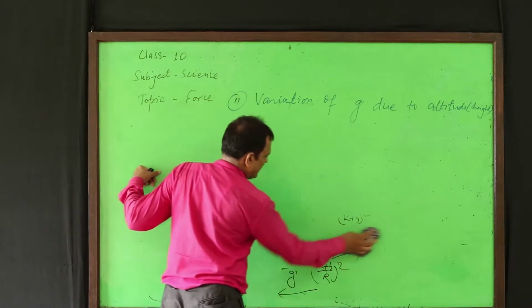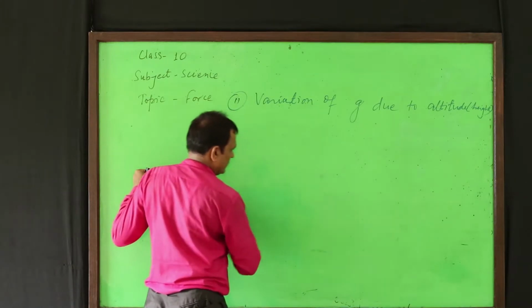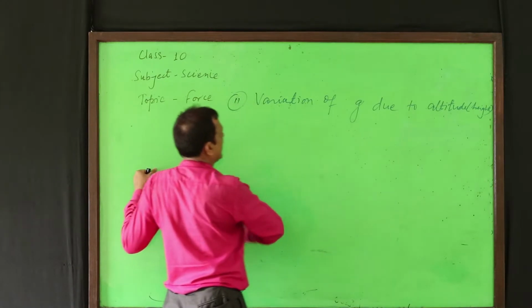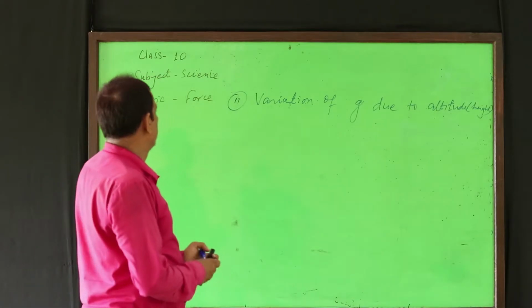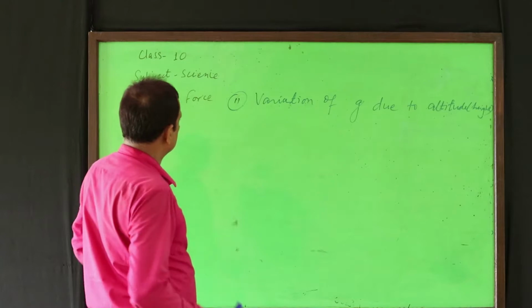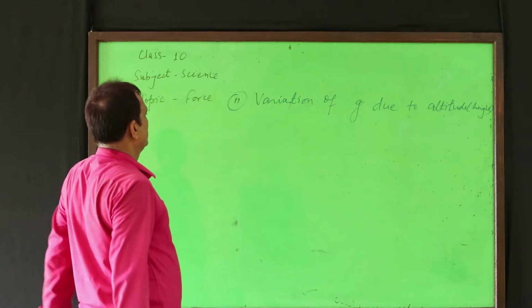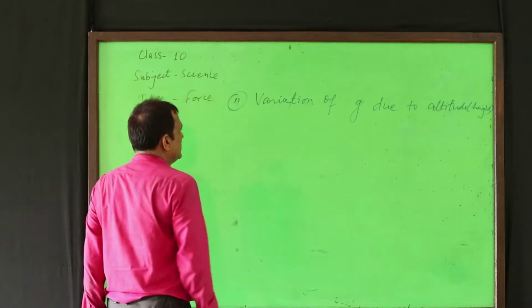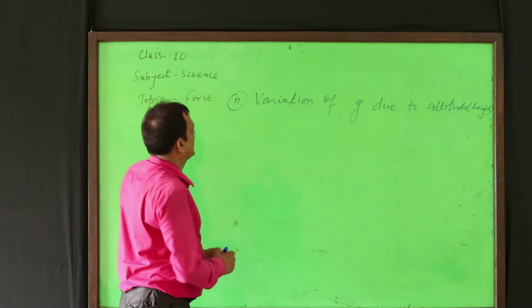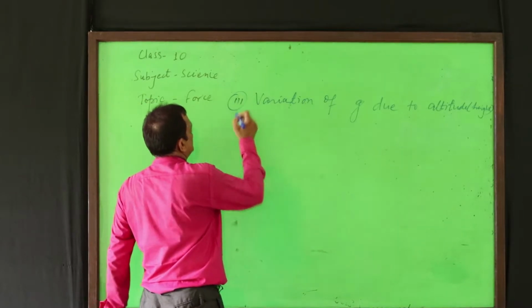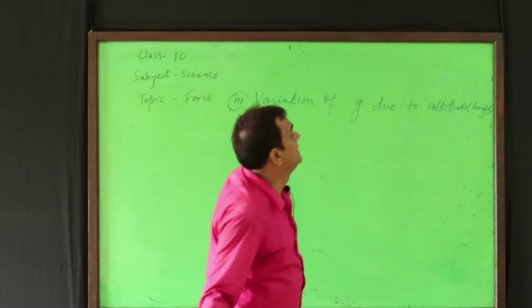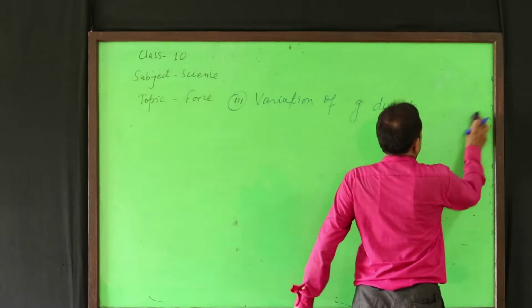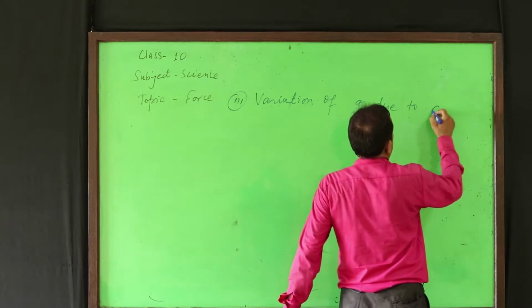Before this we have studied two variations. One, the variation of g due to the shape of the earth's surface. Second, the variation of g due to altitude. And the third variation I am going to teach you is the variation of g due to depth.